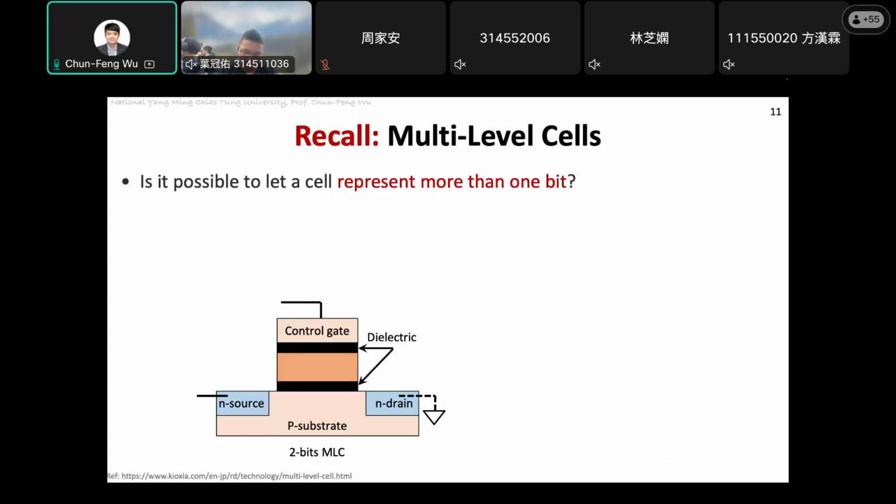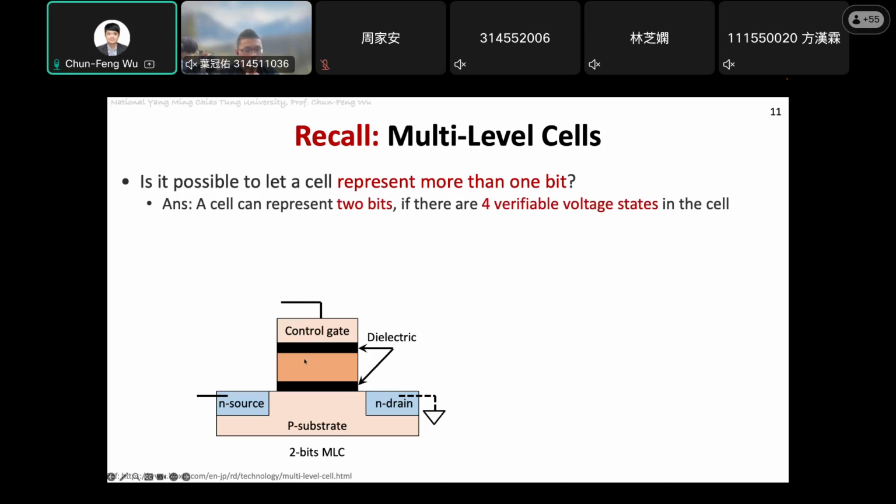Multiple level cells is about whether it is possible to let one cell represent more than 1 bit. Actually, now it is possible to use one cell to represent, I think, 5 bits, if I remember correctly.